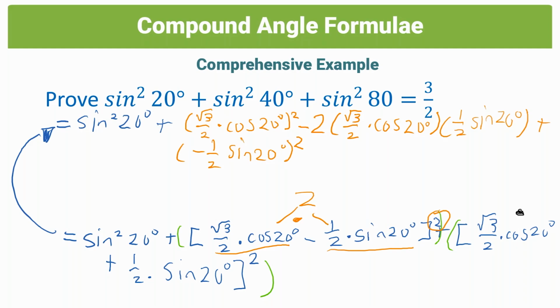And now for the next square bracket, that's this one over here, we're going to say plus, the first term is root 3 over 2 times cos 20 degrees. That's going to be all squared. Now we do the same thing.